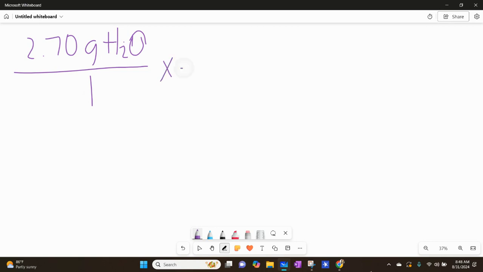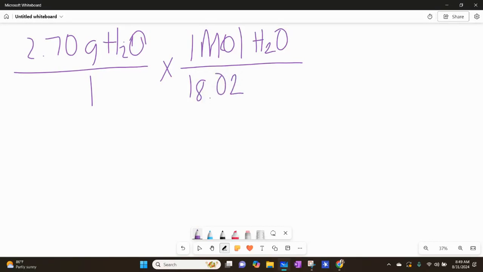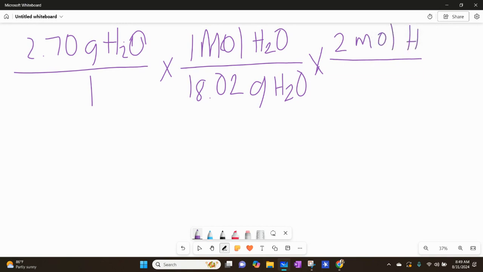And we're going to multiply that by 1 mole of water over 18.02 grams of water. And now we're going to multiply that by 2 moles of hydrogen over 1 mole of water.